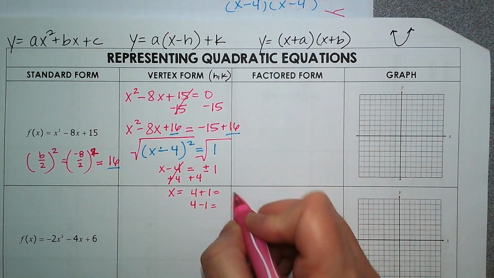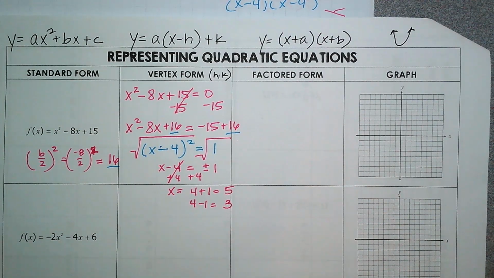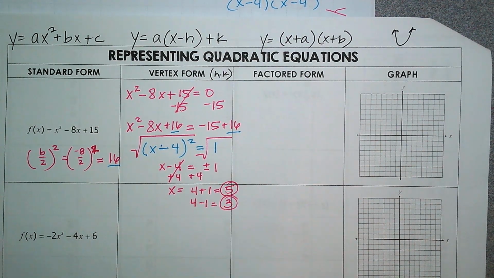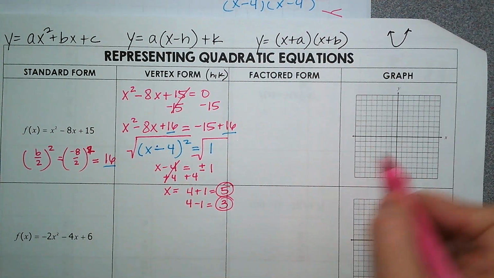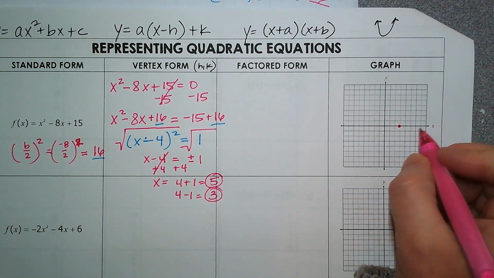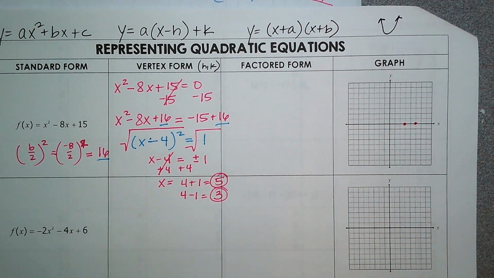So what are my 2 solutions? 5 and 3. Those are also my what? The solutions are also your x-intercepts.